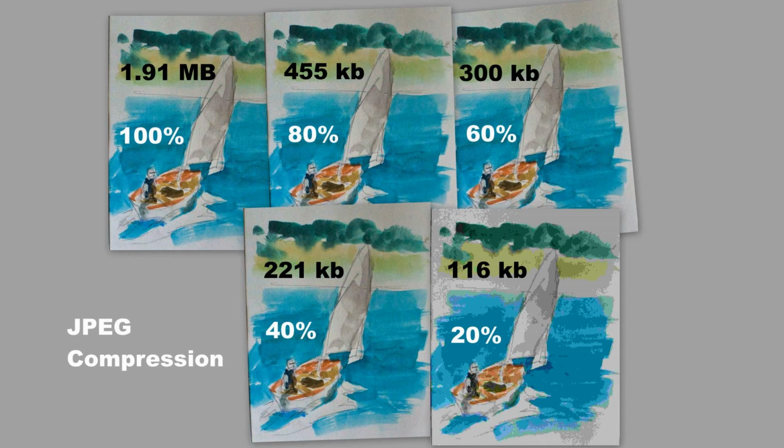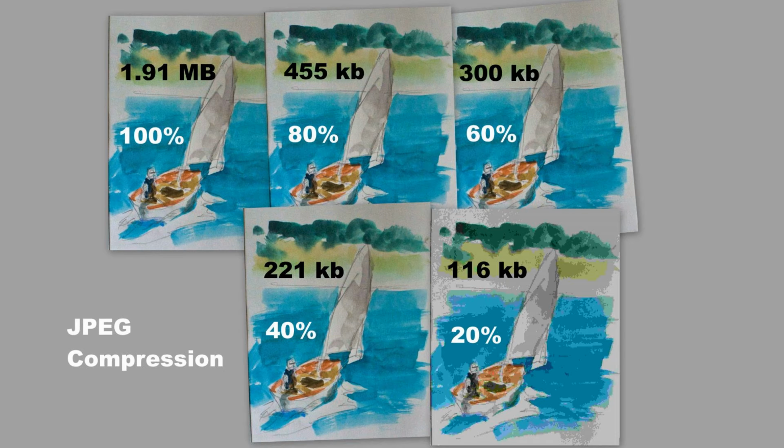The compression system in JPEG is known as a lossy system. As you reduce the file size and compress it, some detail is lost, and that is defined as quality. In the case of my photo software, the quality is defined as going from 100, which is the uncompressed file, down to 0, which is basically compressed to nothing.